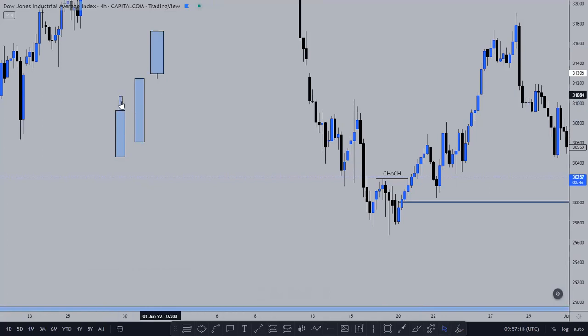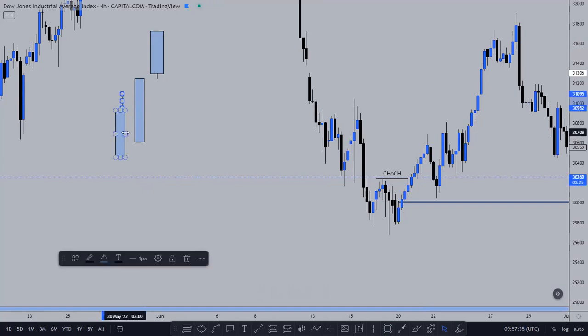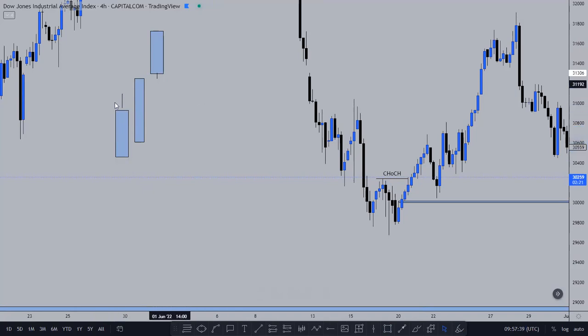That's a wick, guys, a candle wick. These are the things of drawing.